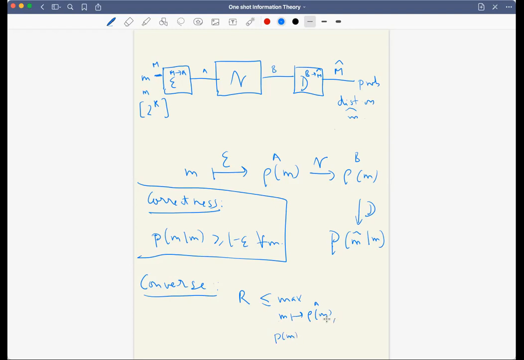So I'm maximizing over all encodings and over the probability distribution P_M on the input message. So this is I_H^epsilon of M and B.